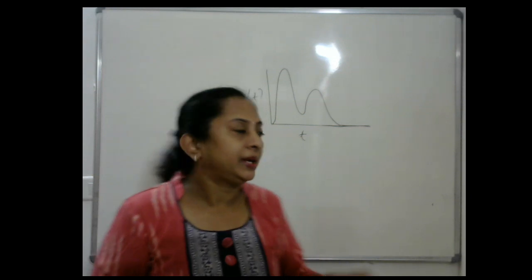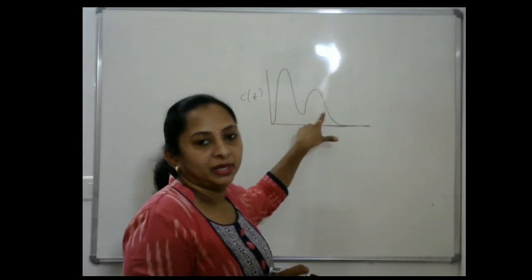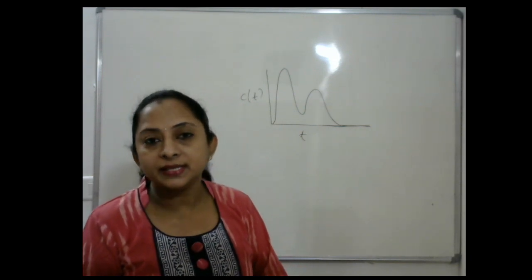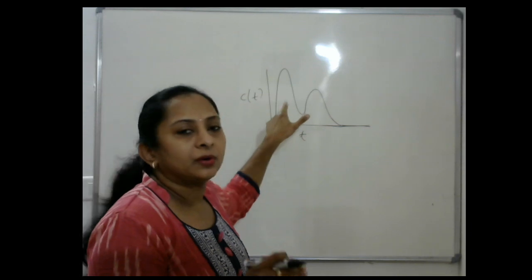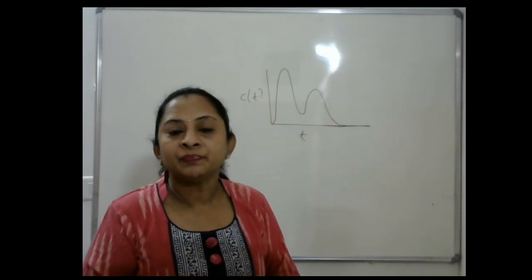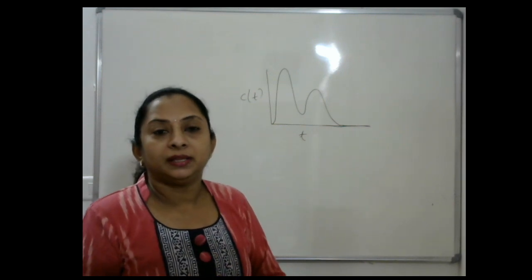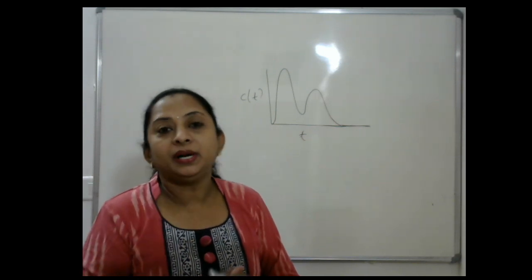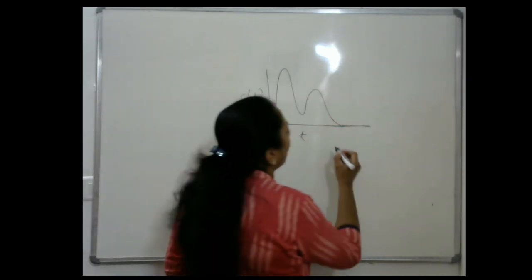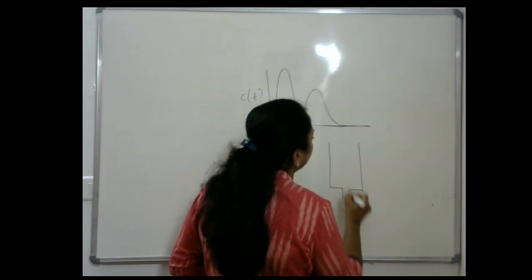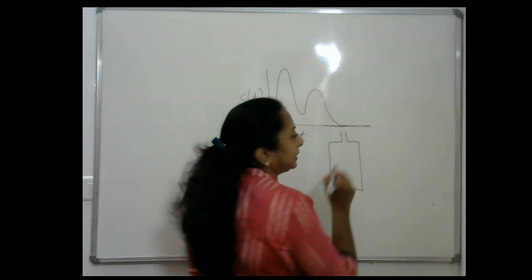So finally, looking at these loops, looking at the RTD nature they obtained from their experimental results, they guessed it may be channeling happening inside the reactor. So they opened the packed bed, and when they opened it, they could see there was a problem in the packing.